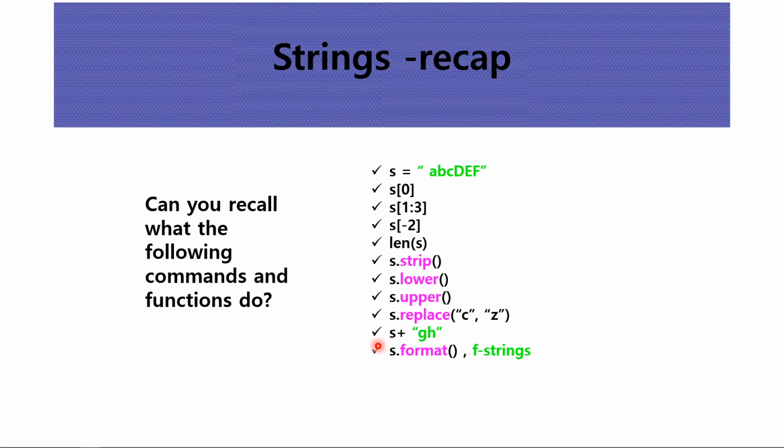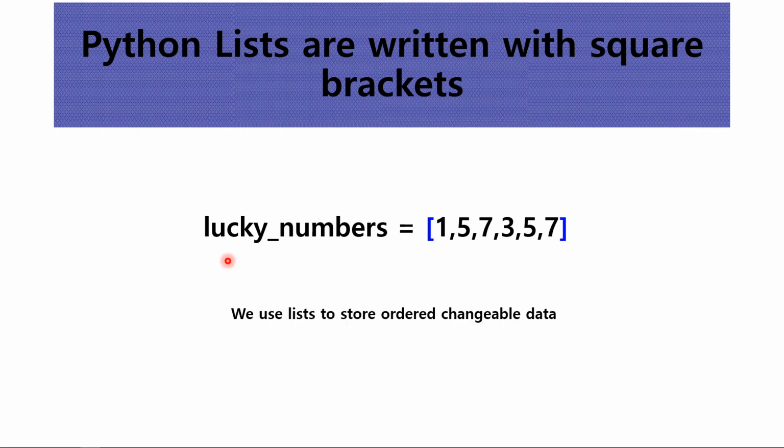And this basically ends the section about strings. Now you may go ahead and try to see if you can remember what all these methods do and practice them. And now for the second part of our class of today, we are looking at the Python lists.